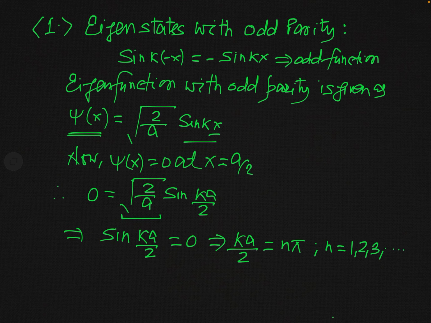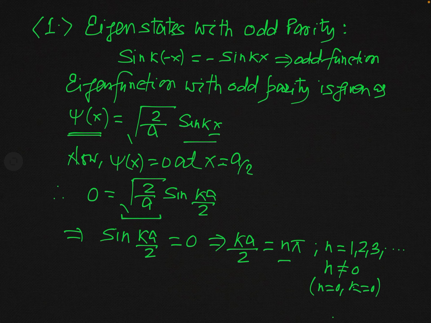and so on. Remember here that mathematics says that if ka by 2 is equal to n pi, then n can be equal to 0. But physically in this problem we cannot take n equal to 0, although mathematically this result is satisfied when n equals 0. Our physical problem's requirement is that n cannot be 0. Why? When you take n equal to 0, then k will be 0.